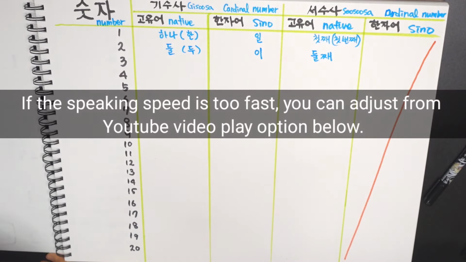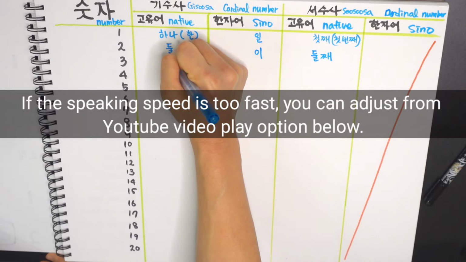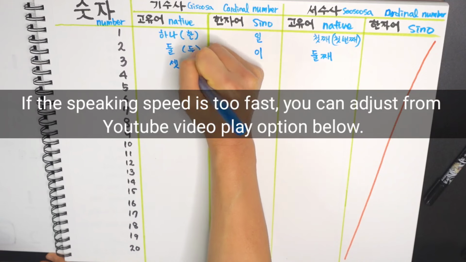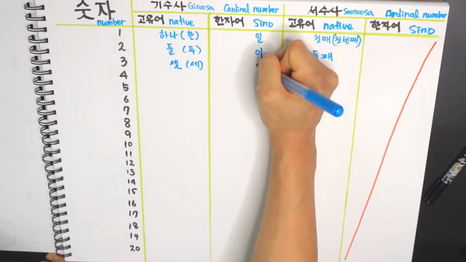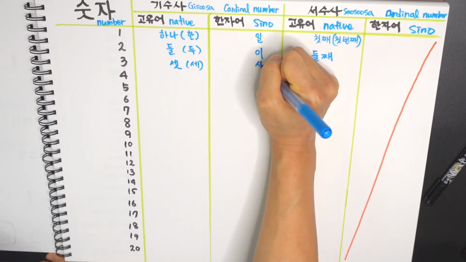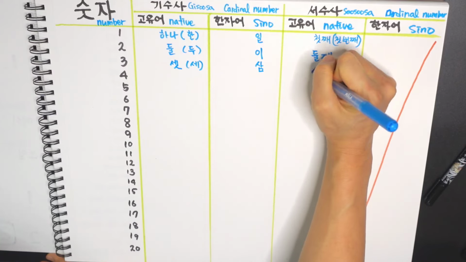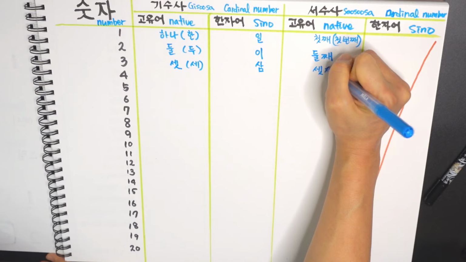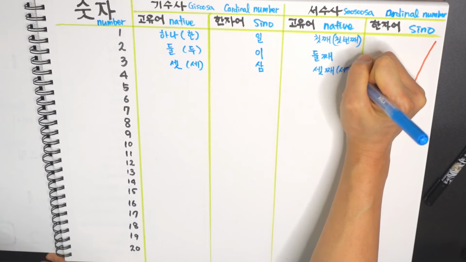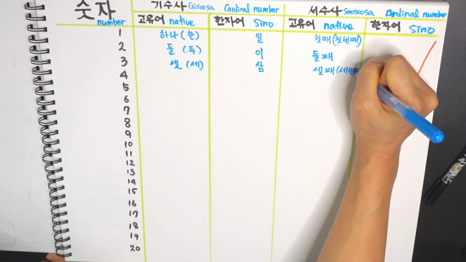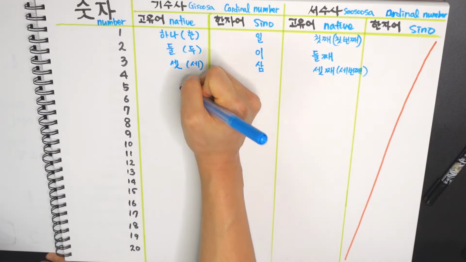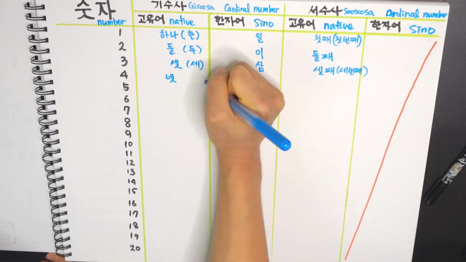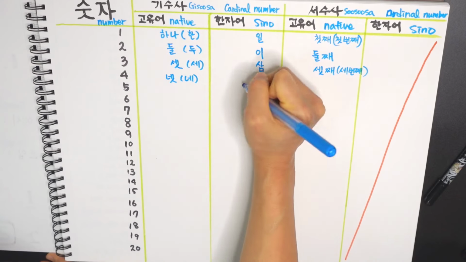Okay, number 3, we have 셋 or 세. And for Sino, we have 삼. And we have 셋째 or 세 번째. And 4, we have 넷 and 네.